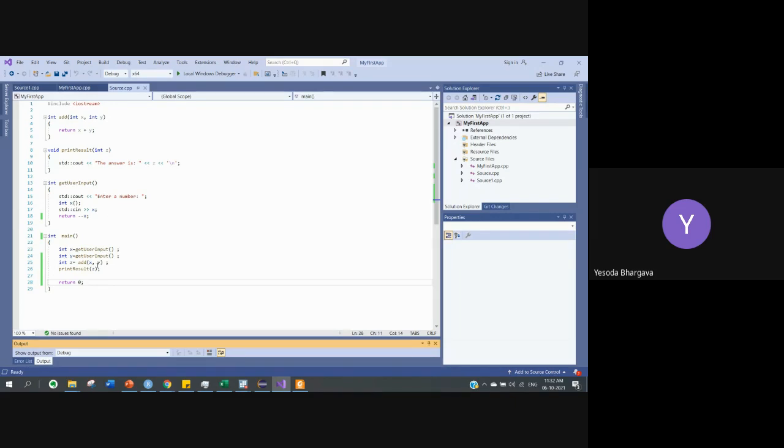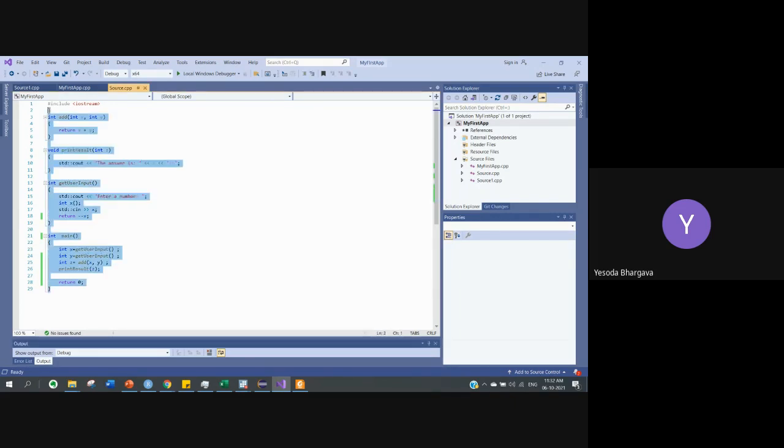Because this is a short program, you really did not have any need of printing anything. But if it was a really long program and it involved a lot of changing, then obviously you would go on to print and then see what the problem is.